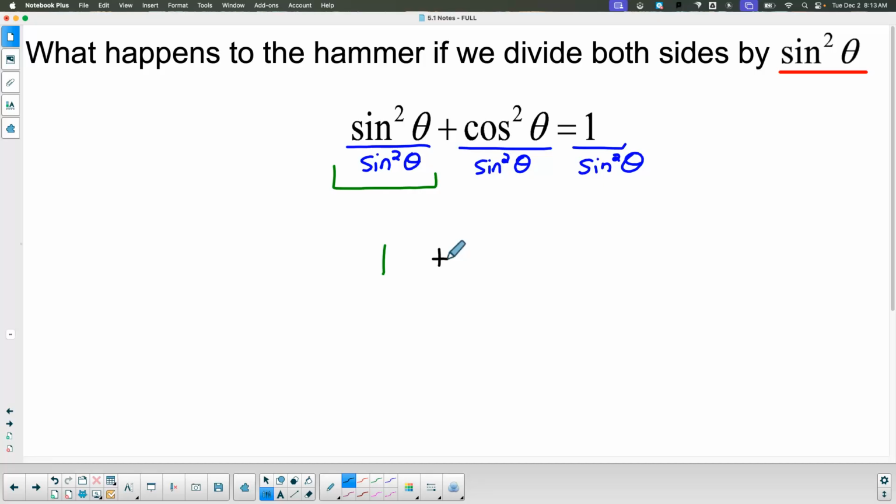Let's look at cosine squared divided by sine squared. What is that? Not cotangent. Cosine squared divided by sine squared. It's cotangent squared.